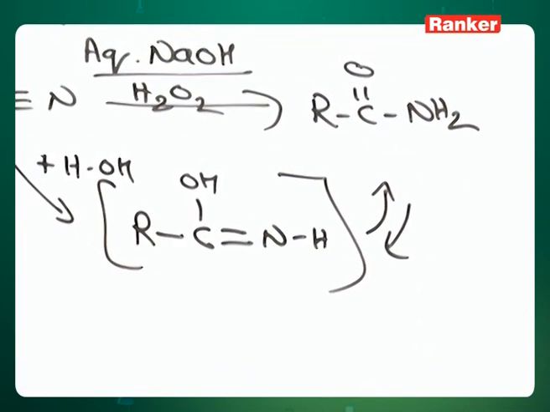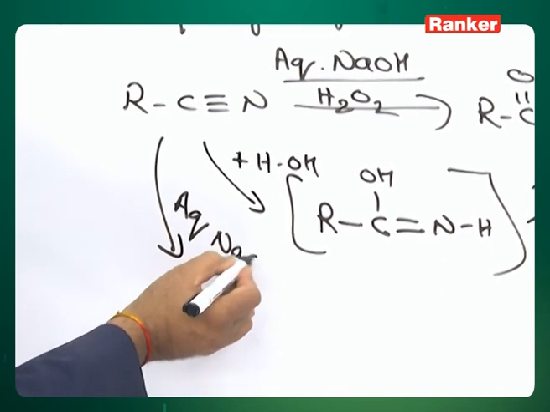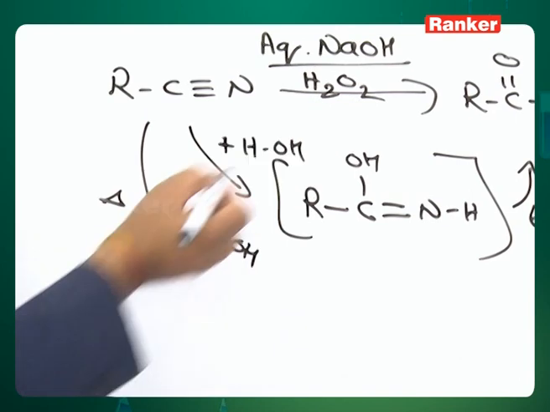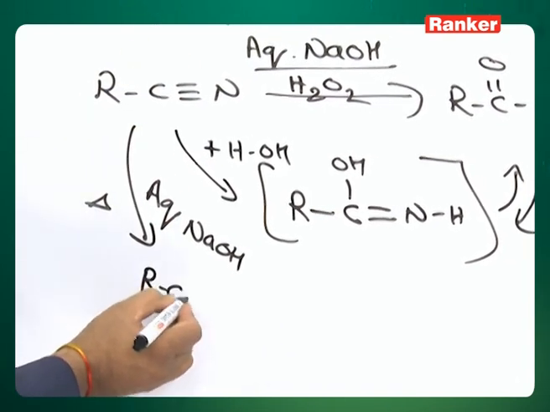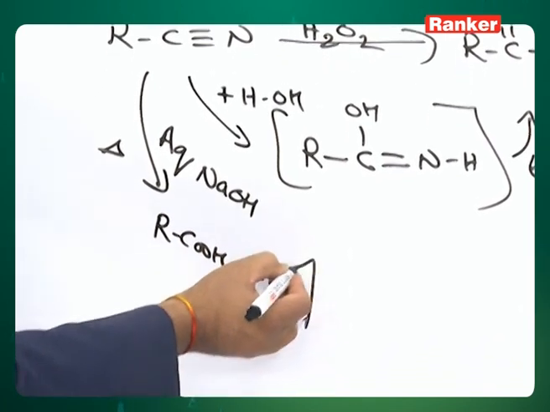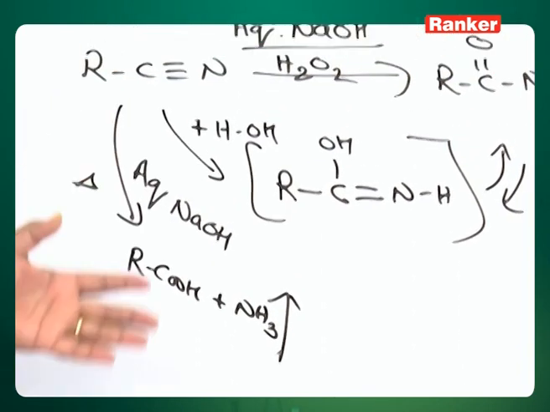In fact, if this is treated with only aqueous NaOH alone and boiled for some time, you will get this amide, and that totally undergoes hydrolysis. You will get the carboxylic acid and the ammonia will be liberated. You find ammonia gas coming out, the total nitrogen will be detached.